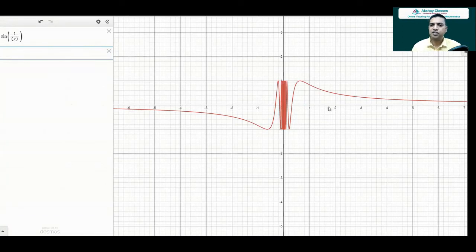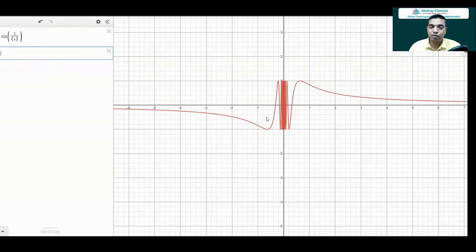We know sine values lie between -1 and 1. Now, as x increases, 1 by x tends to 0, no problem. As x becomes a very large negative value, tending to minus infinity, again this tends to 0, no problem. So sine values will approach 0.